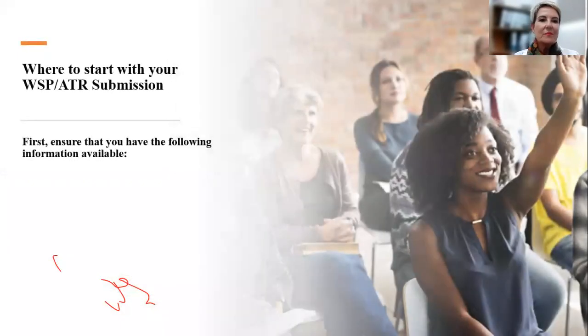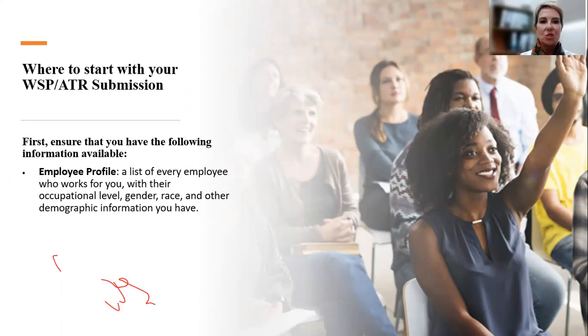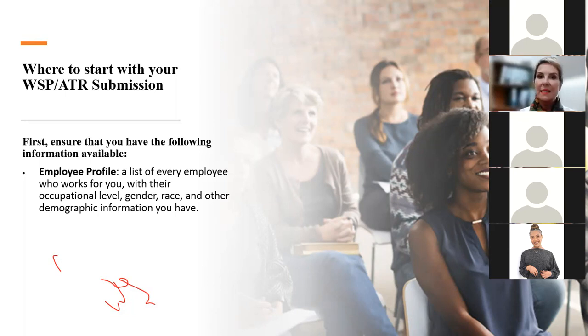So where do you start with the WSP and ATR submissions? My advice would be to start by collecting the following information. First and foremost, make sure that you have your employee profile available and updated.